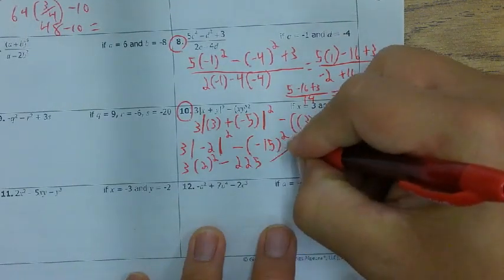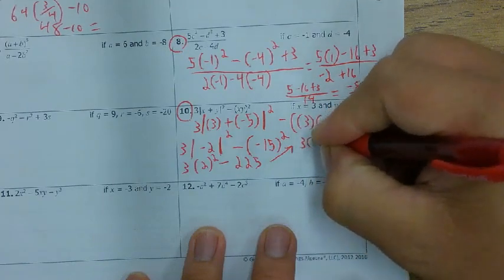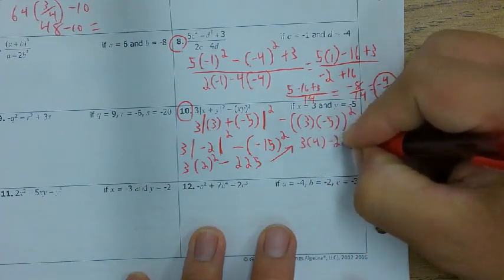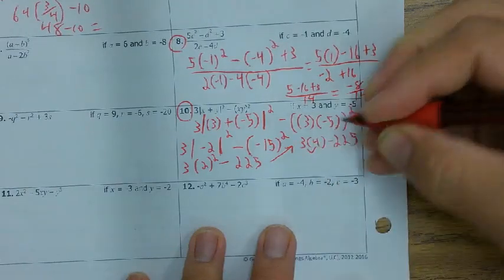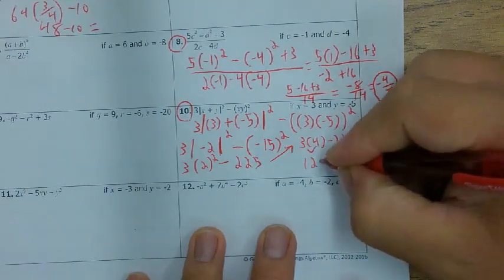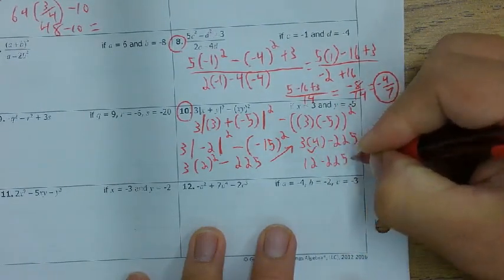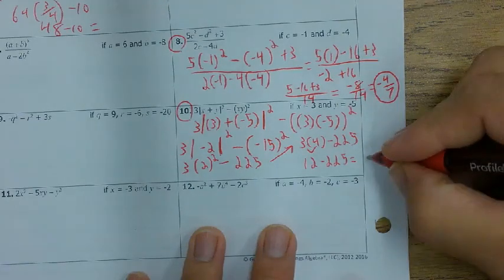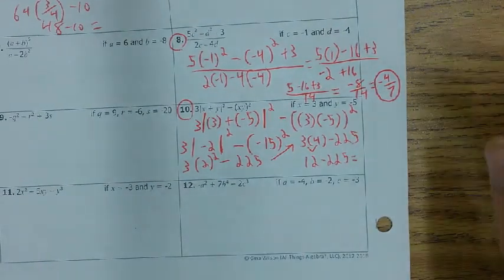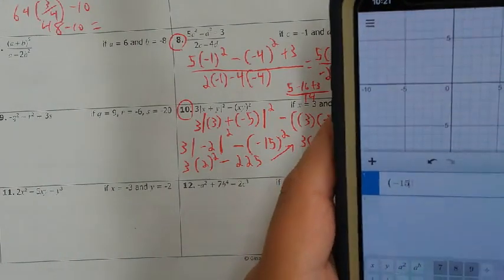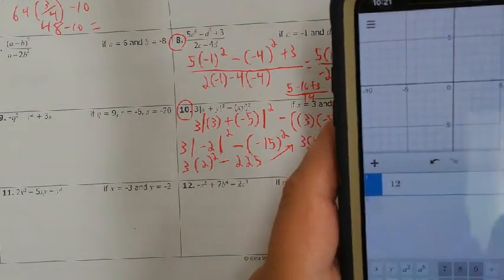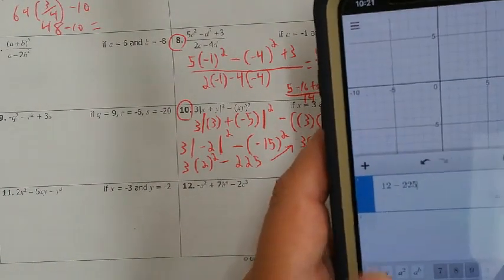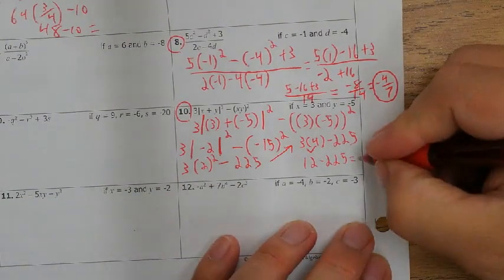So now, bringing it back up here, that's going to be 3 times 4 minus 225. 3 times 4 is 12 minus 225. I'm going to put that one in Desmos just to make sure. You get negative 213.